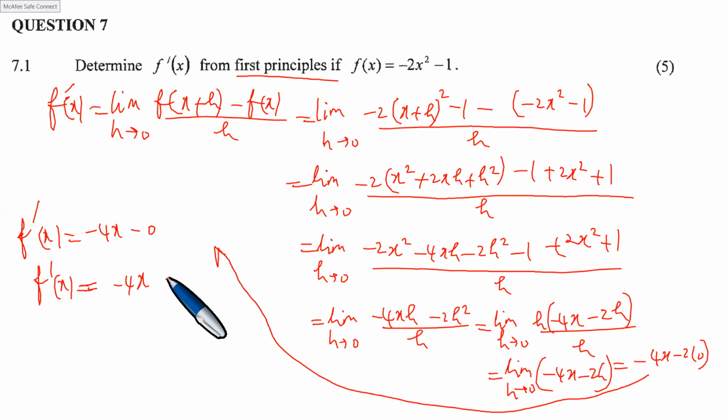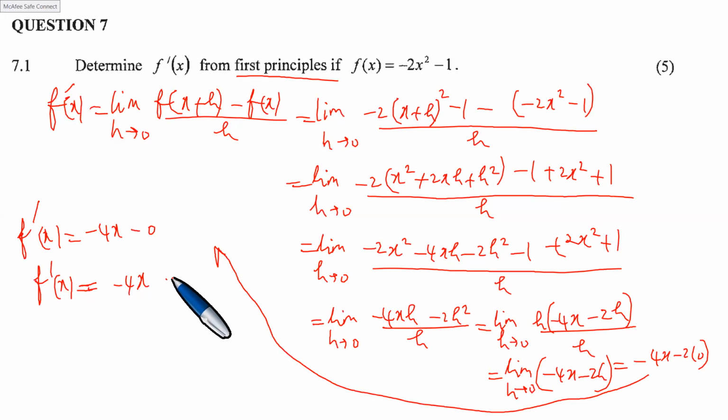All right, so this is what we have found, and the answer is exactly minus 4x from the first principles of differentiation. So this is one way to do it, but there are a couple of other ways to solve this problem. All right, so this is okay, and we continue to solve more and more questions as we move along.